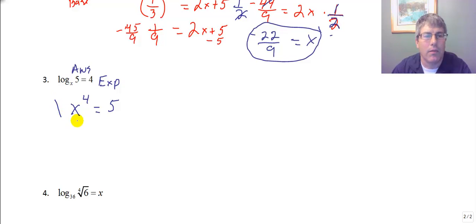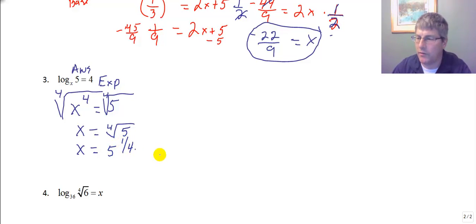And we want to solve for x. So if I take the 4th root of both sides, I get x equals the 4th root of 5, or x equals 5 all raised to the 1/4 power.